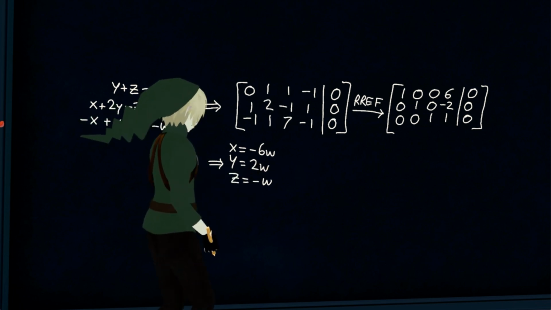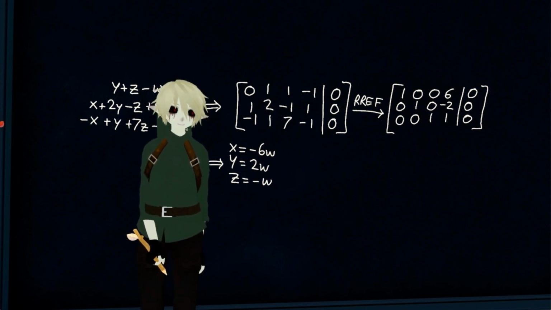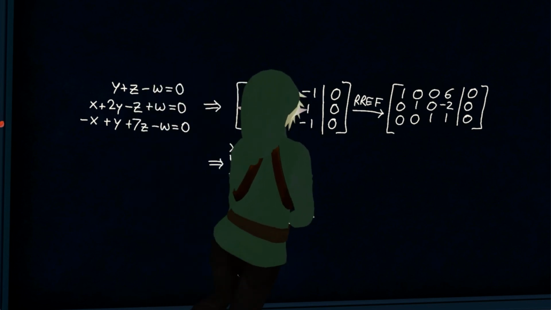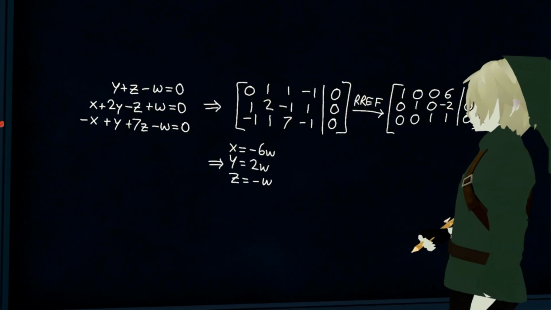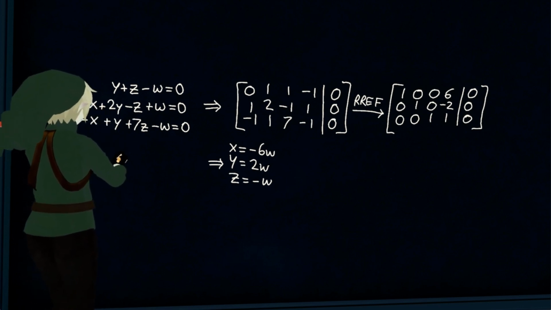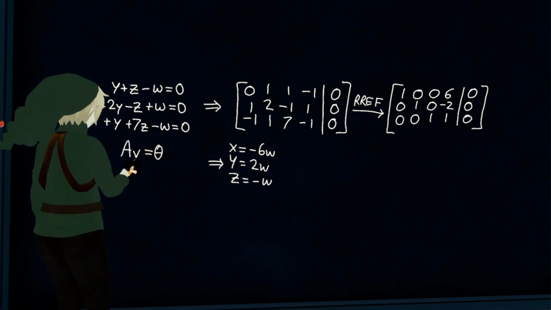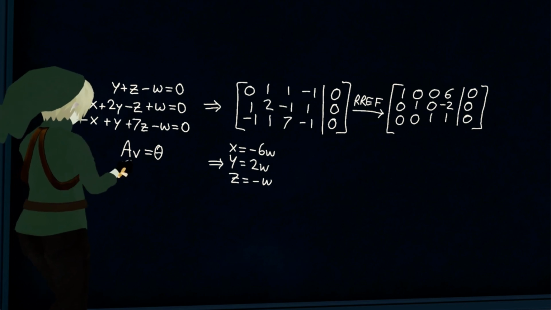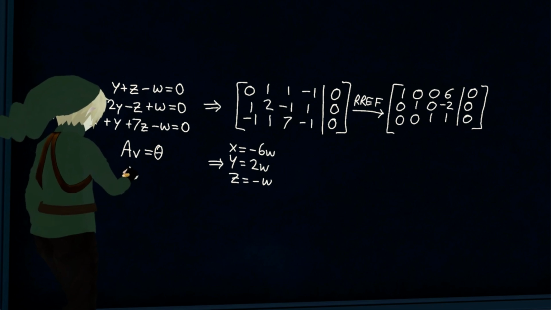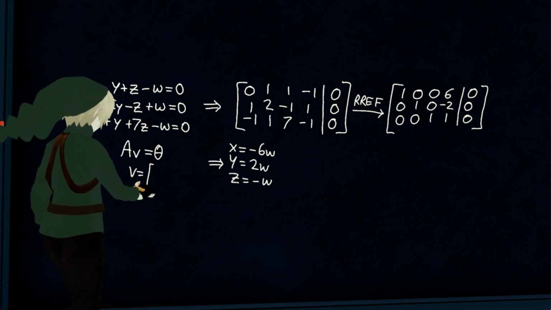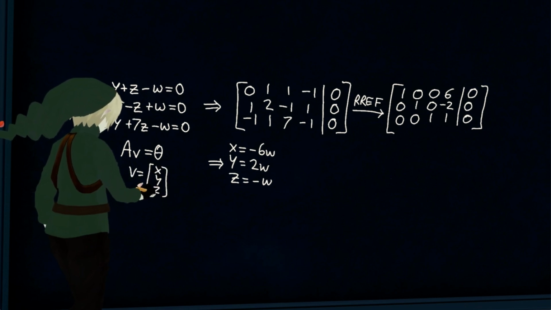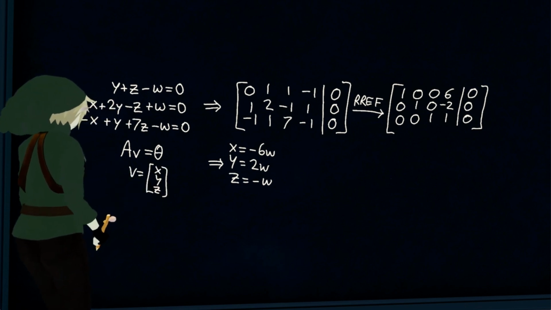Okay. Can we write this in terms of a matrix equation? Yes, we can. And here's how we write it, right? So because we already have x, a vector that we are looking for, a coefficient matrix times a vector equals theta, where a vector finds our solutions. Okay, that's what this represents.